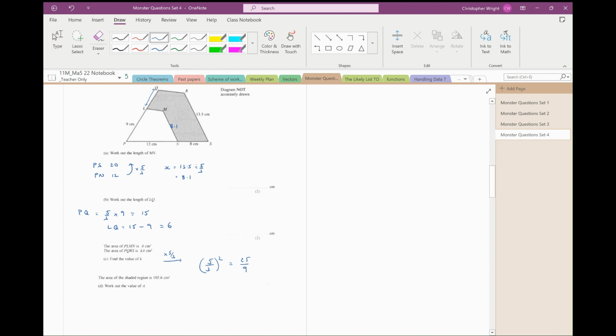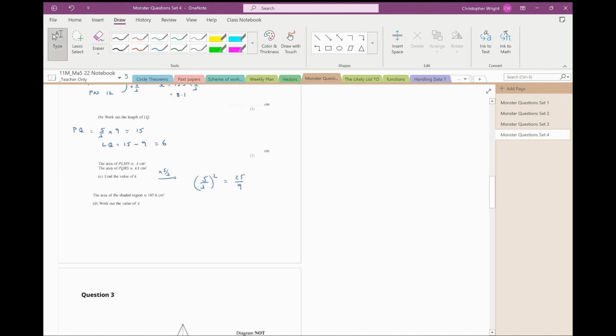Okay, well, the area of the shaded region is the difference between the larger area and the smaller area. The larger area is KA, so it's 25/9 times A minus the smaller area, which is A. That's the difference between the larger and the smaller, and I know that equals 105.6. So there's an equation.